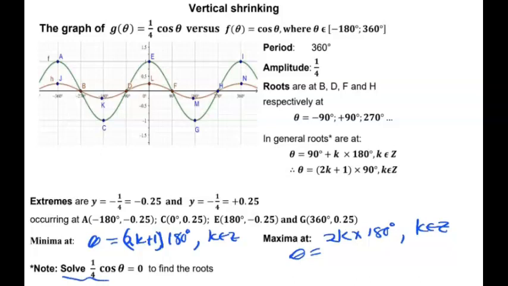We've already done this on the previous page. We've already solved a quarter cos theta equal to 0 by solving cos theta equal to 0.